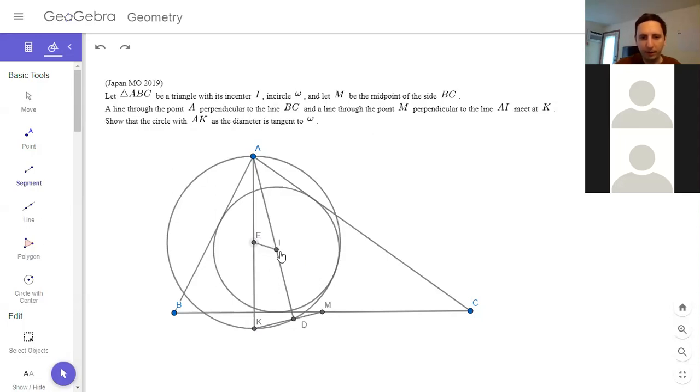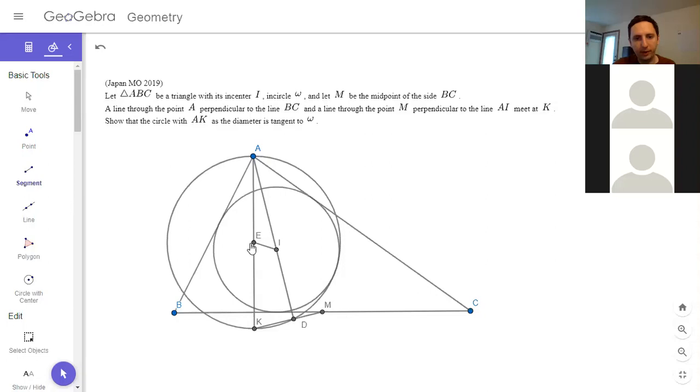Because if you take EI plus the radius of the smaller circle and you get the radius of the bigger circle, that means they're tangent, right? You just have to figure out what EI is.